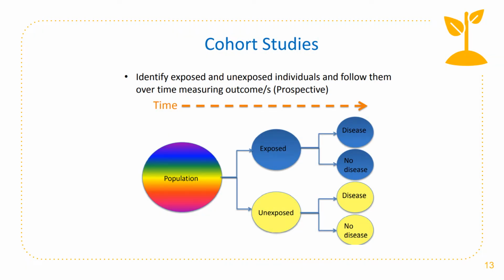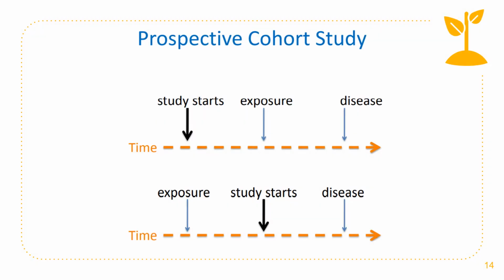Coming to cohort study. Here exposure is here, outcome is here. We are going in this direction. So population exposed: disease, no disease. Population unexposed: disease, no disease. And in the cohort study, we have two types: prospective cohort and retrospective cohort. This is prospective cohort.